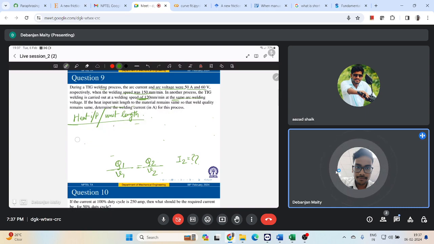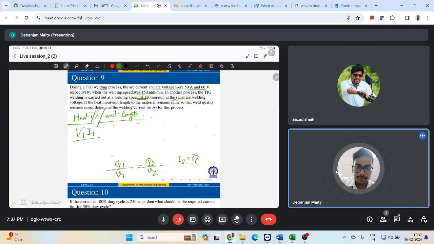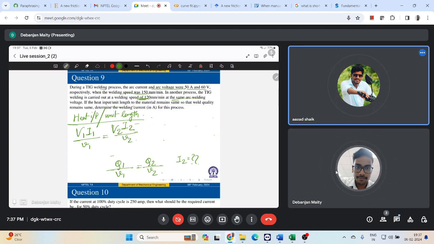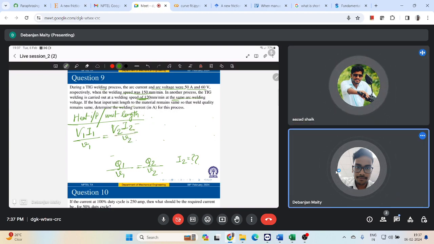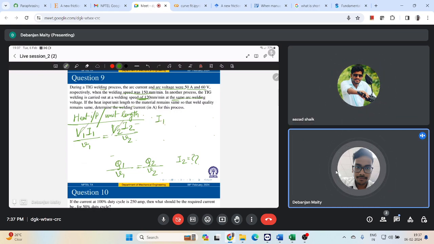Q1 by V1 is Q2 by V2, so it's basically V1 I1 by v1 is equal to V2 I2 by v2. At the same arc welding voltage, V1 is equal to V2. So I1 by v1 is equal to I2 by v2.